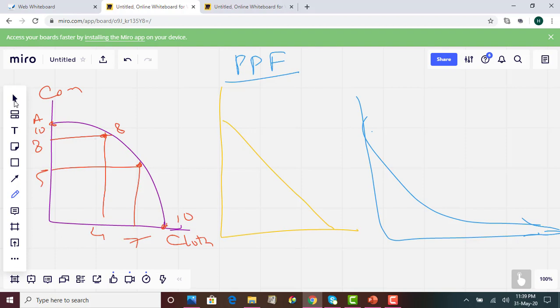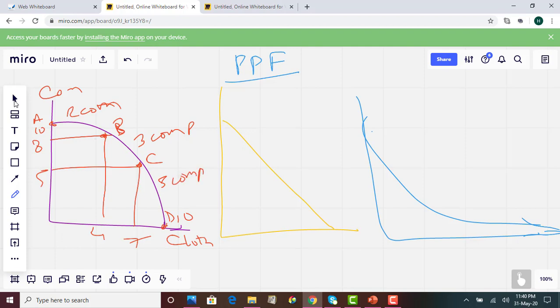If you calculate the opportunity cost, you will see when we move from point A to point B, this is B, this is C, this is D, what are we giving up? We are giving up 2 computers. When we move from point B to point C, we are giving up 3 computers. And when we move from point C to point D, we are giving up 5 computers.